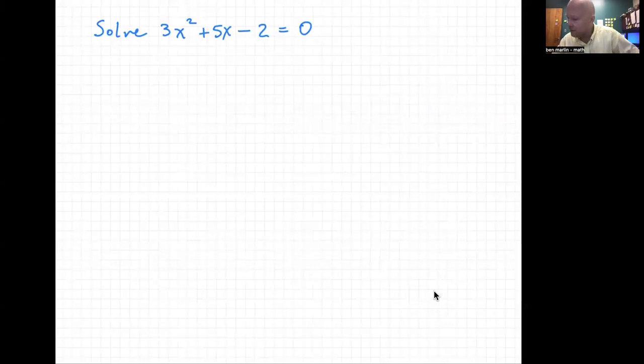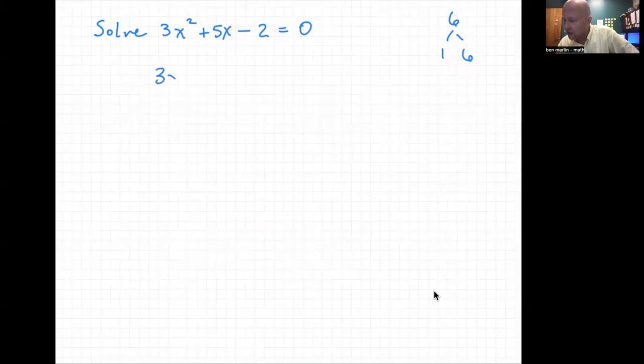So I have to think about factor pairs of 6, which have a difference of 5, okay? So the only possibility for that is 1 and 6. I want to have a positive 6 because I end up with a positive out of my total here.